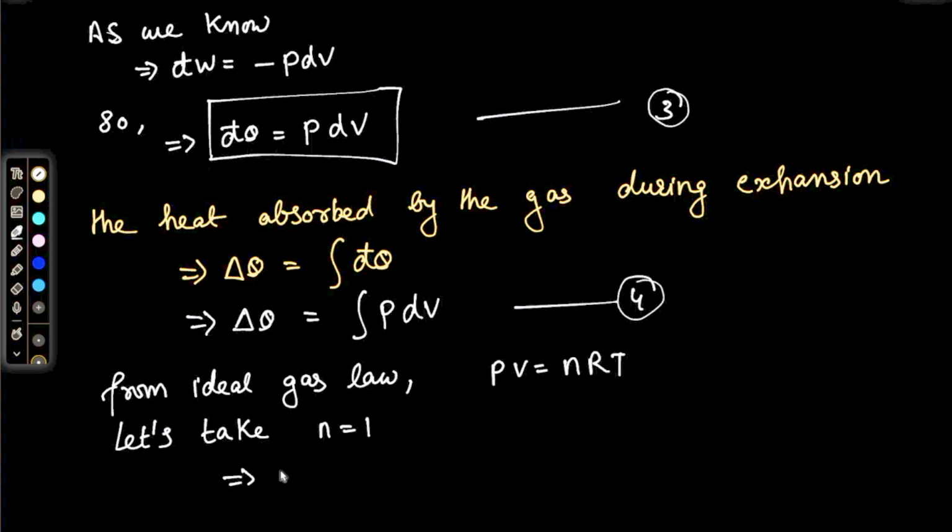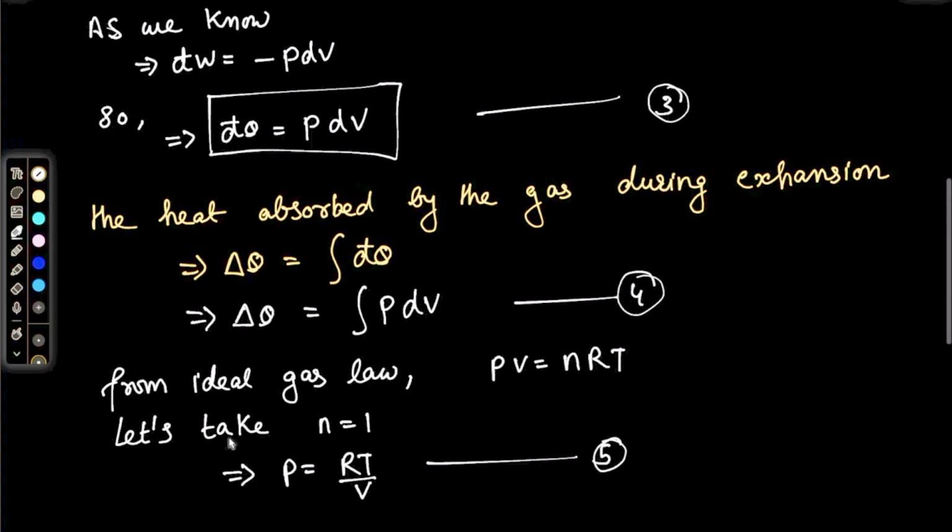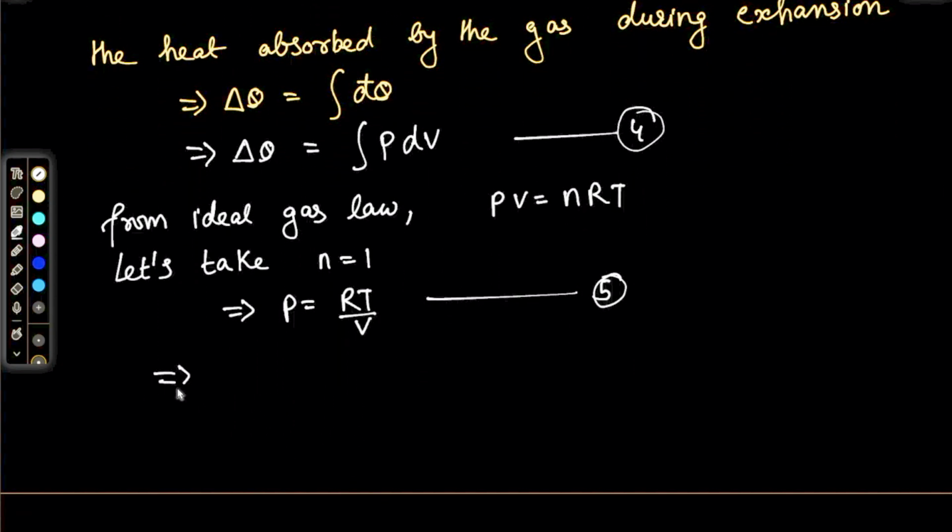So we get P equals RT by V. Now we put this expression of P in equation 4. So we get delta Q equals integral of RT dV by V.